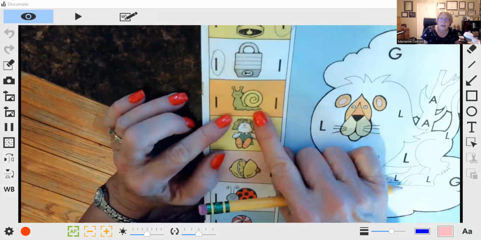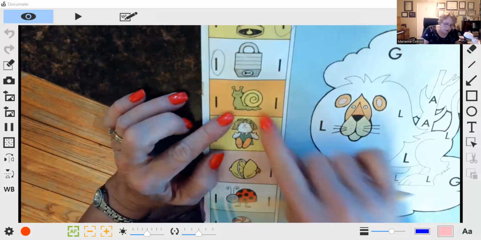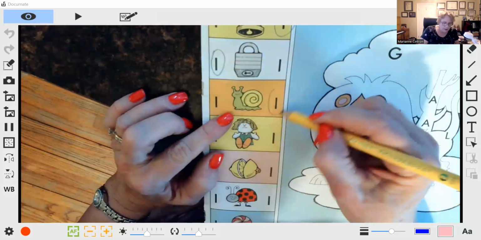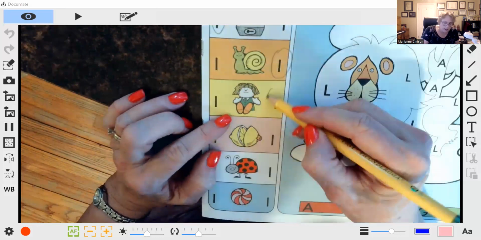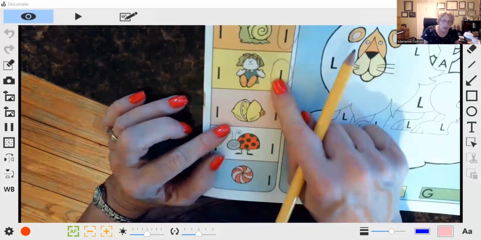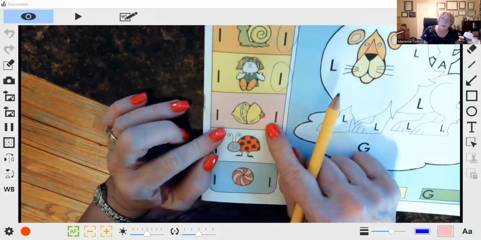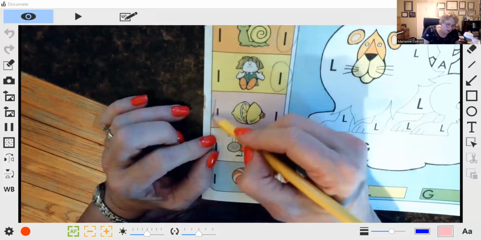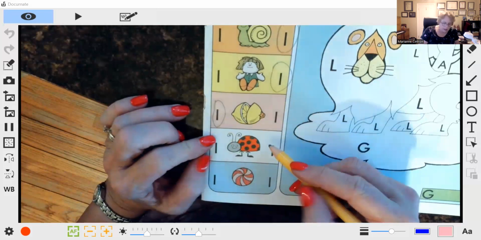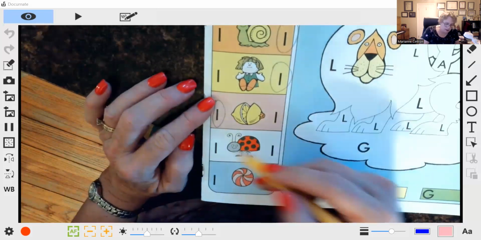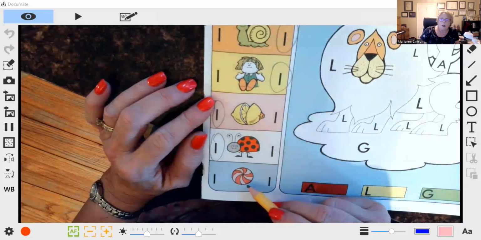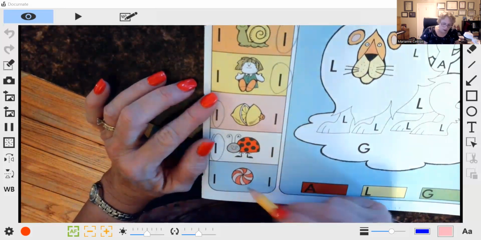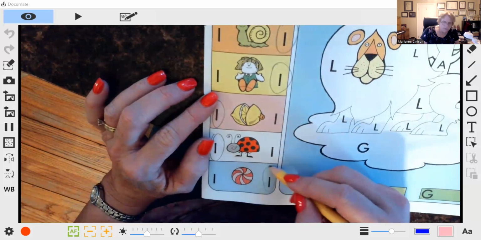Snail, snail. You hear the L at the end. Doll, doll. You hear the L at the end. Lemon, lemon. You hear the L at the front. Ladybug, L at the front. Ball, ball. You hear the L at the end.